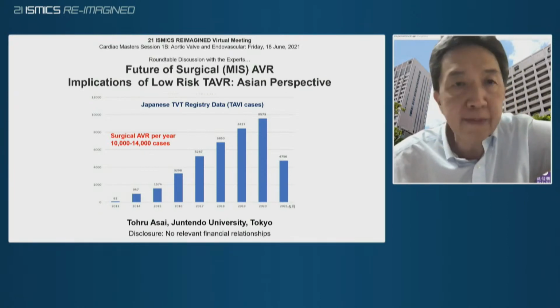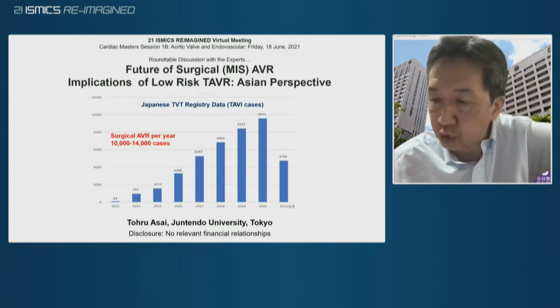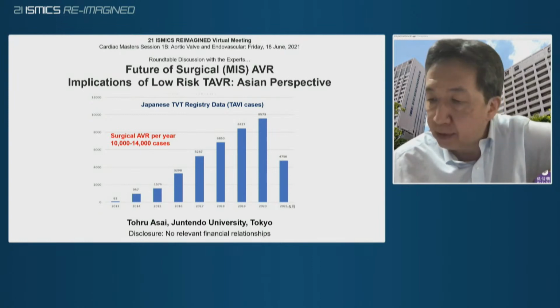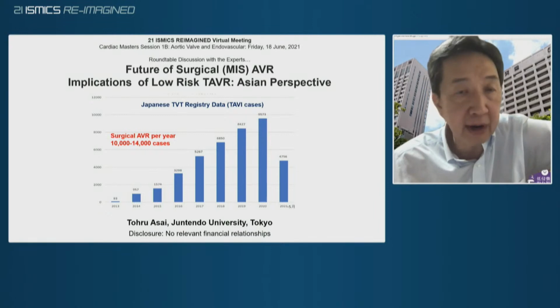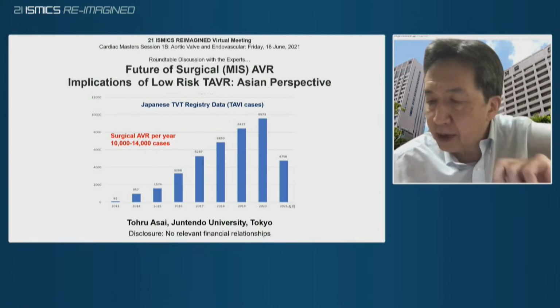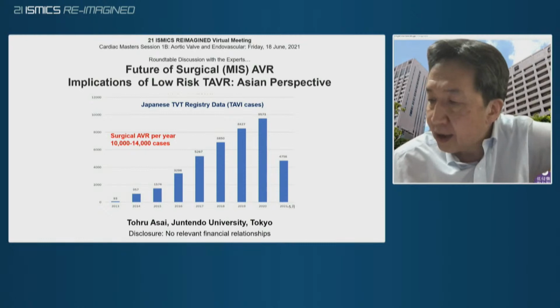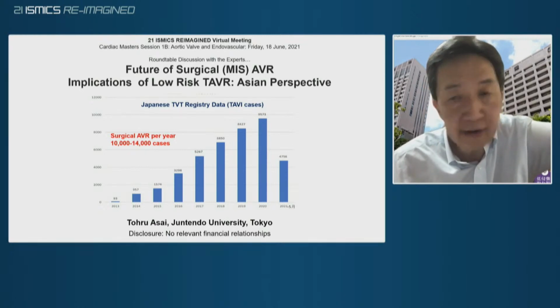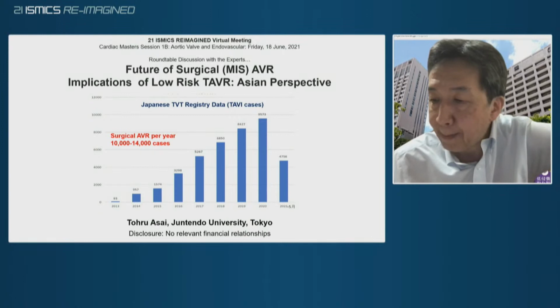We have very strict control by a committee of Japanese transcatheter valve therapy. This committee strictly controls the number of centers in Japan performing TAVR. They provide proctoring, education, and initial training for newly developed devices. And also the accreditation is strictly limited.